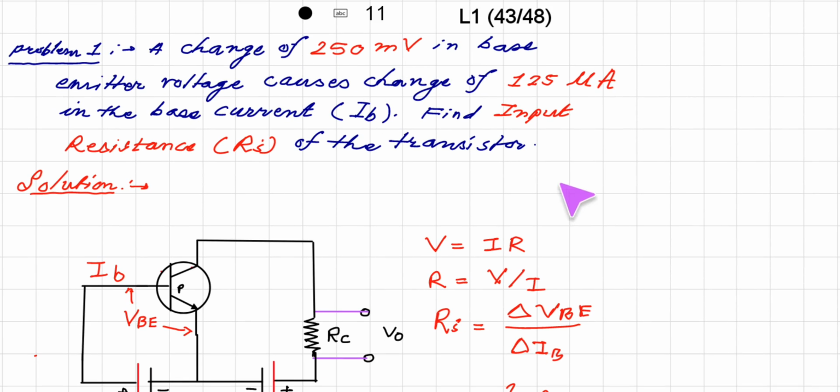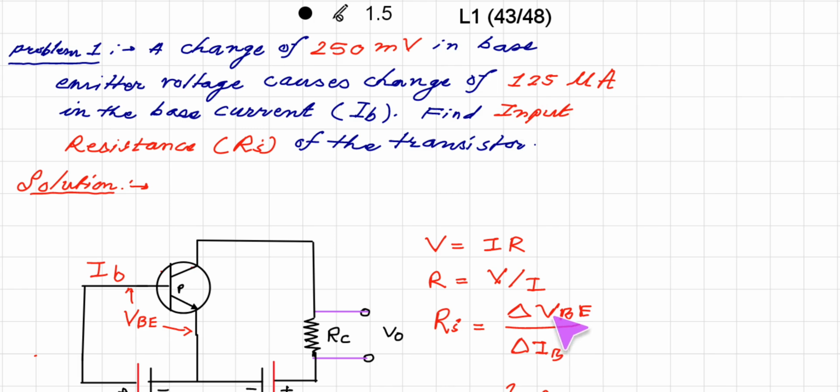That means VBE is changing by 250 millivolt, so here it is, a change of 250 millivolt in base emitter voltage. That means change in this VBE is 250 millivolt and base current causes change of 125 microampere.